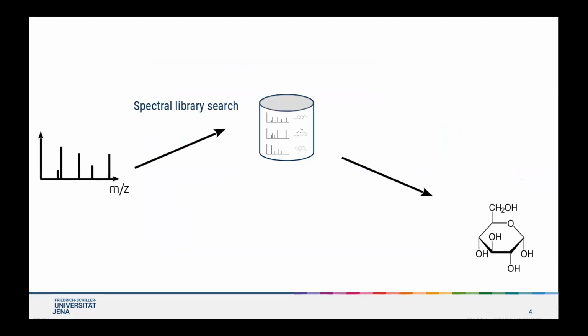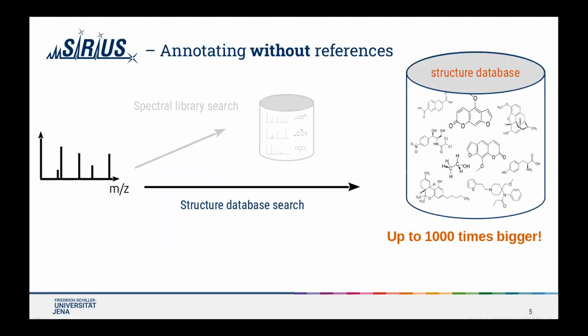We already have talked a lot about spectral library search for annotation, so you know very well what that does. You take your spectrum, search it in the spectral library, and get a structure hit back. With Sirius, we now want to go one step further.